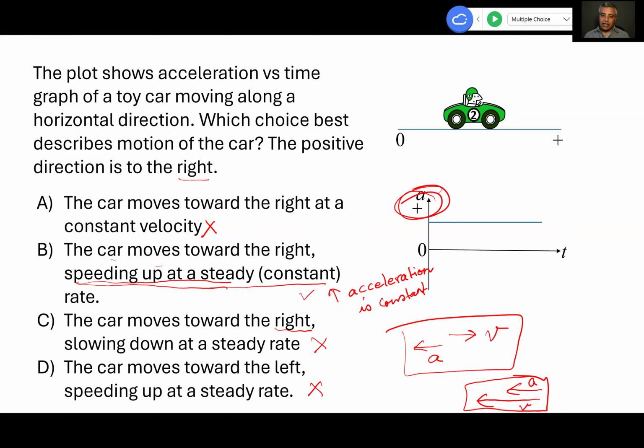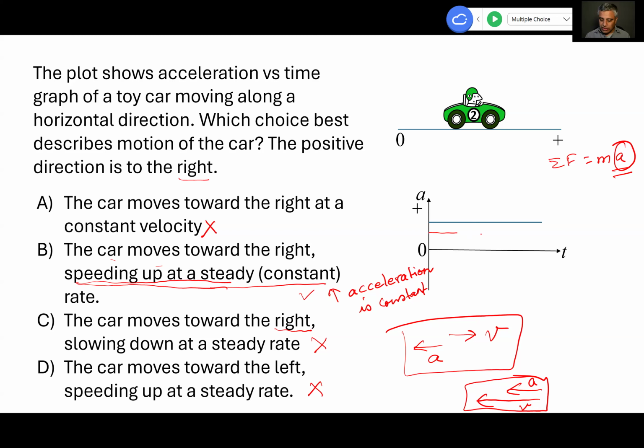What kind of graph? Position versus time graph, velocity versus time graph, acceleration versus time graph, and also force versus time graph, because now we know force. Since the sum of forces is mass times acceleration, whatever the acceleration graph looks like, the force graph is going to look the same, okay?